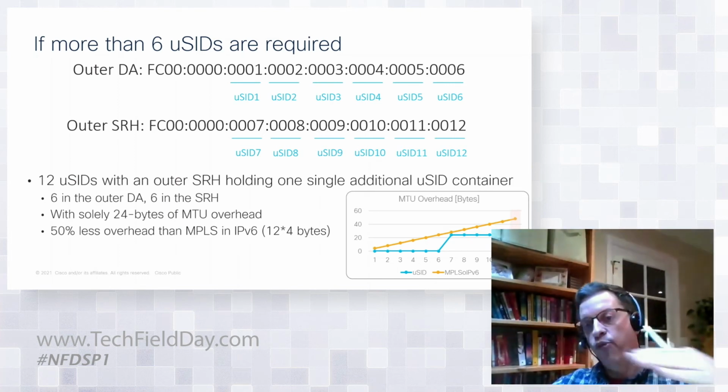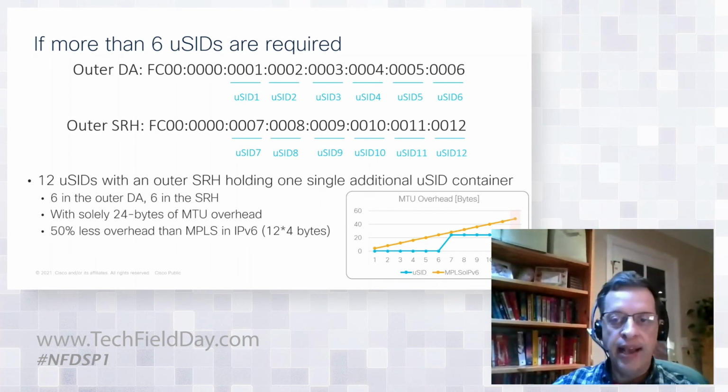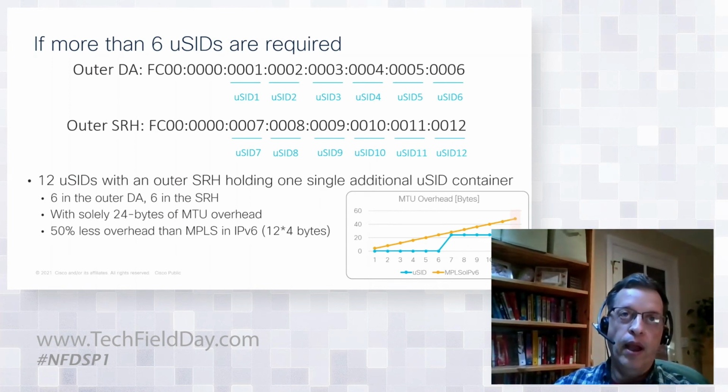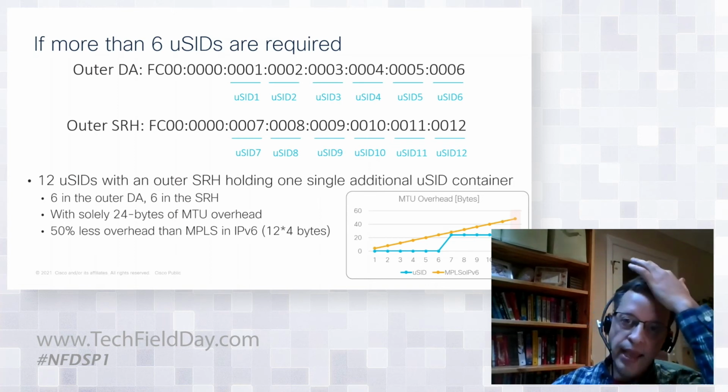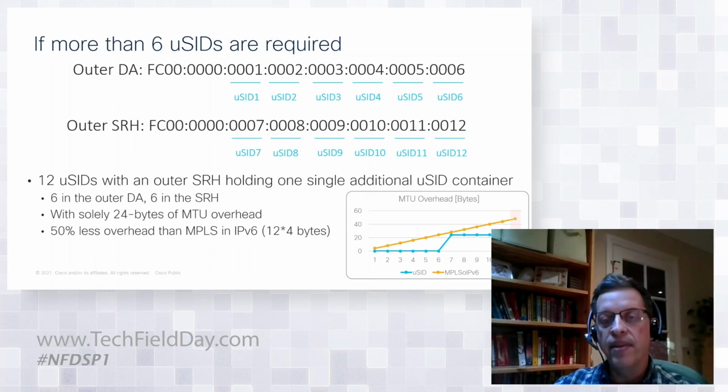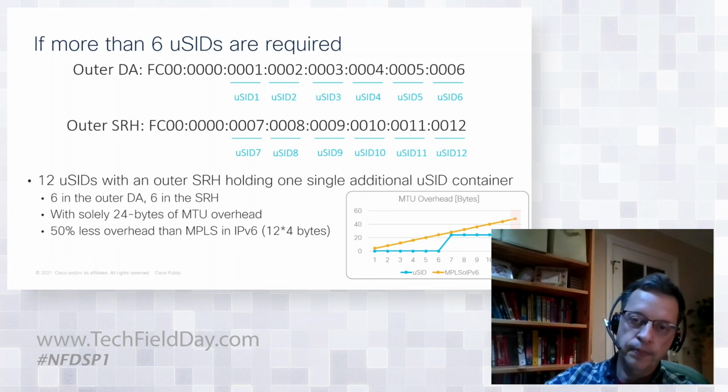Compare that to, for example, doing MPLS with an IPv6 data plane, where I have to, hypothetically, run 12 labels. So the efficiency of the MTU overhead is deterministically and mathematically lower with micro-SIDs.